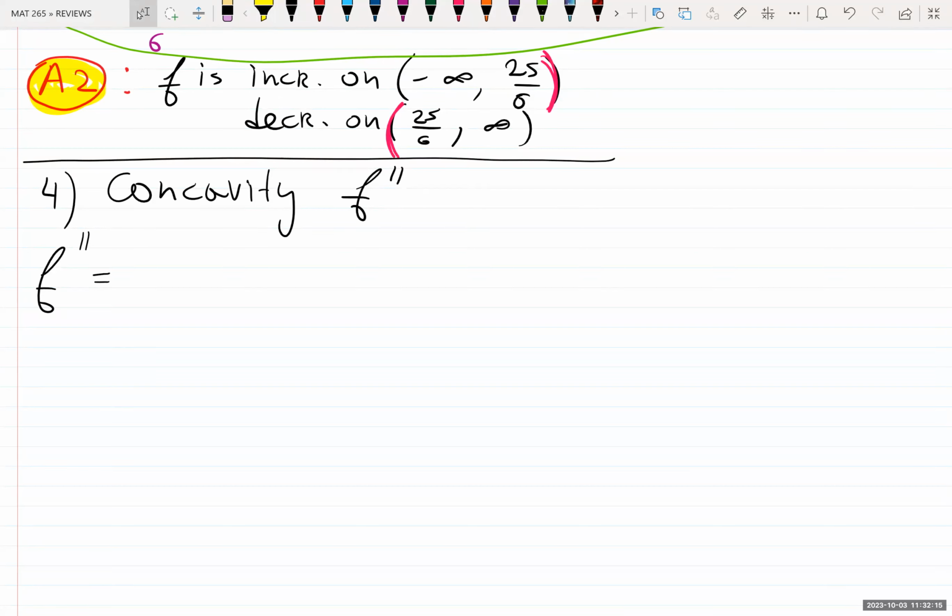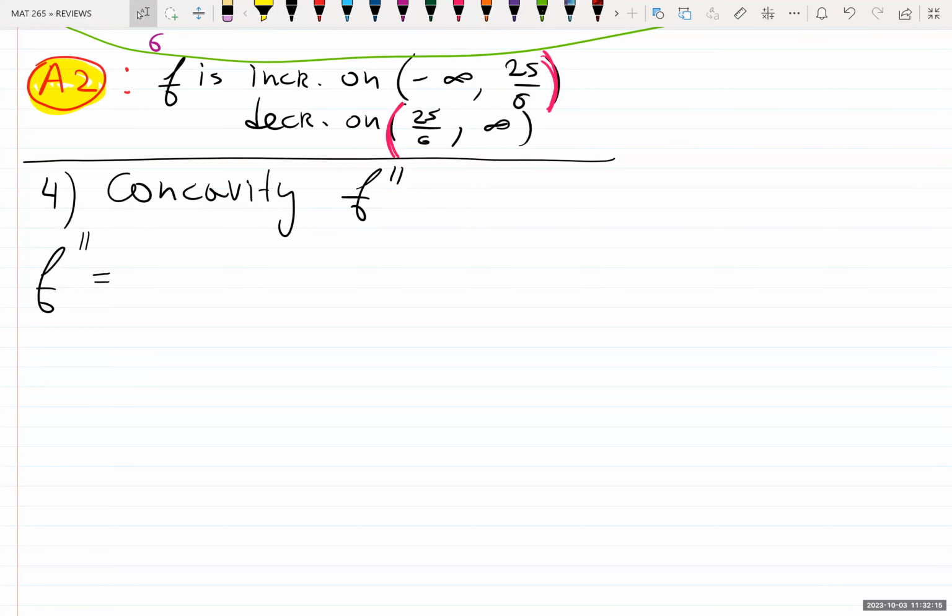Wow, looks correct. I'm very impressed that suddenly I made it well. E to the 3x is not 0. So we just need to figure out when minus 18x plus 69 is zero. Well, x is 23/6, that's what my notes say.